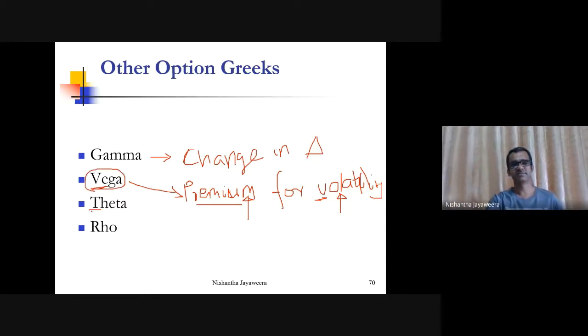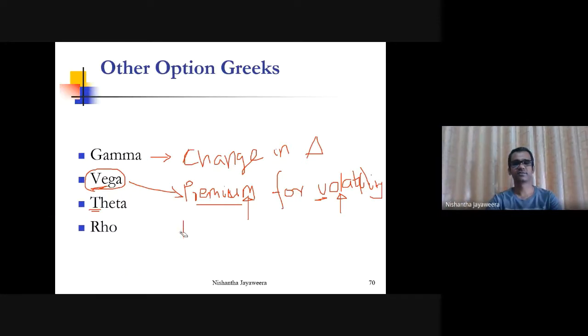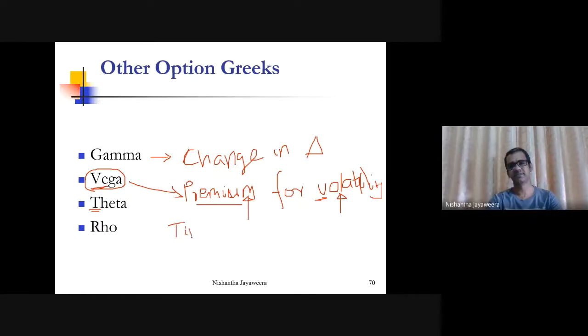Then what is theta? T. Can you guess? T for what's the other factor? Time, right? Exactly. So theta measures the sensitivity of the premium for change in time.